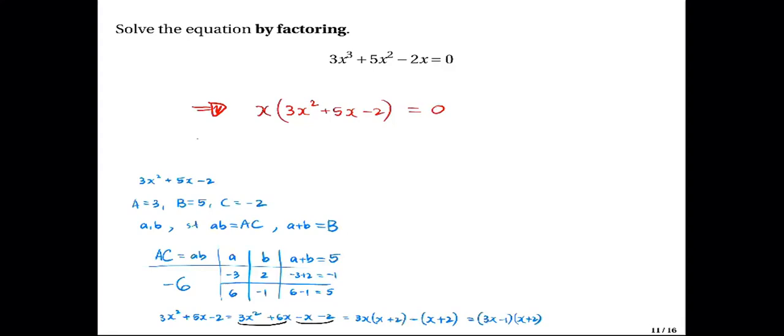Which means, going back to our problem here, we'll just have x times 3x minus 1 times x plus 2 equals 0, which means we have here x equals 0, 3x minus 1 equals 0, x plus 2 equals 0.